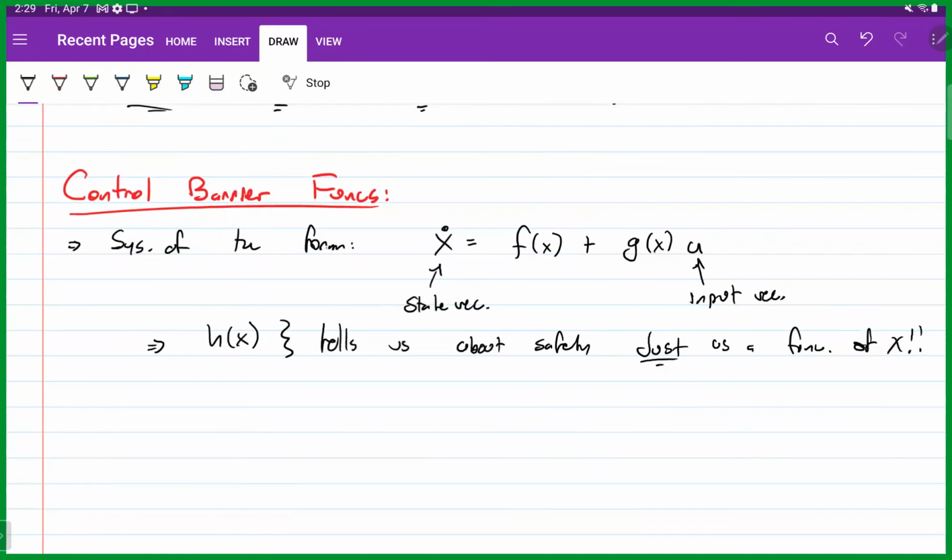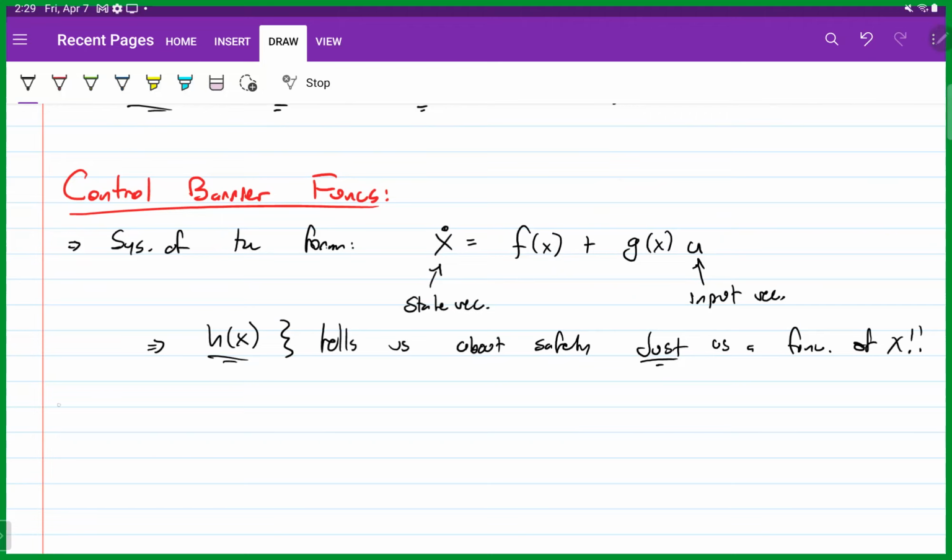Let's imagine we've come up with some feedback controller, maybe it's feedback linearizing, or it's just something like a simple PID controller that we're passing into the system, okay? That's going to be something that tells us all about this input vector u, all right? It doesn't say anything about x, it just tells us what our input vector u is going to be. So what if we want to determine if that input is going to be safe or not, right? Currently, all we have to determine safety is a constraint on x, right? Not a constraint on our input u.